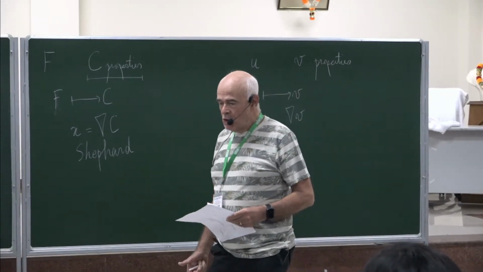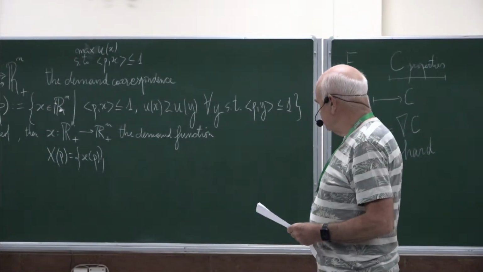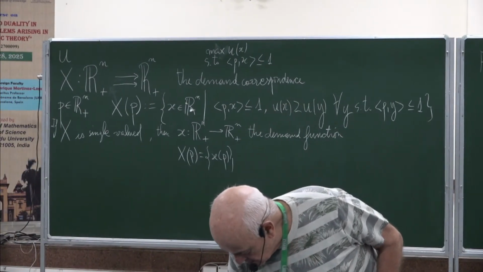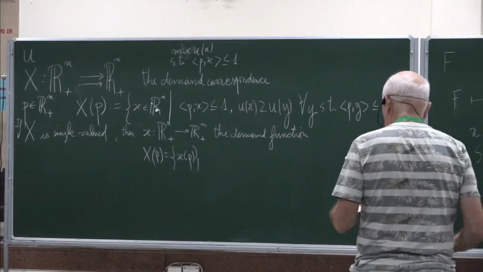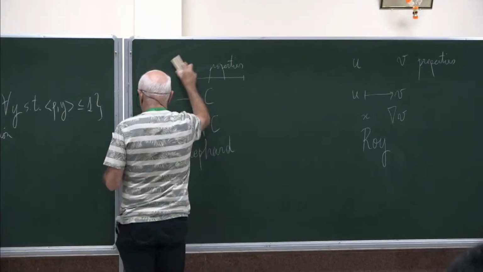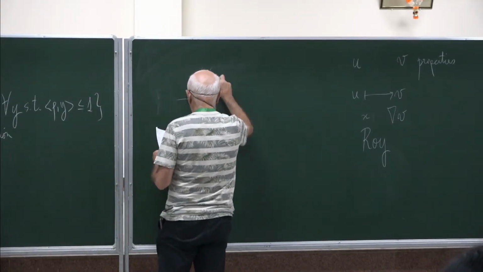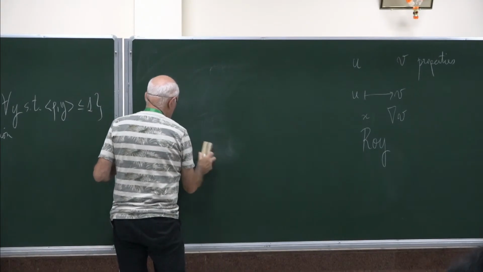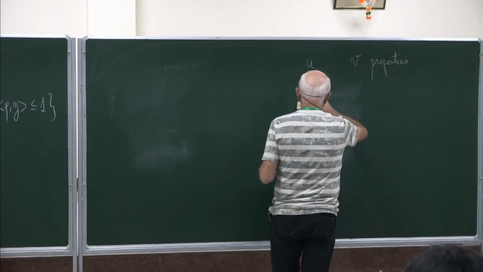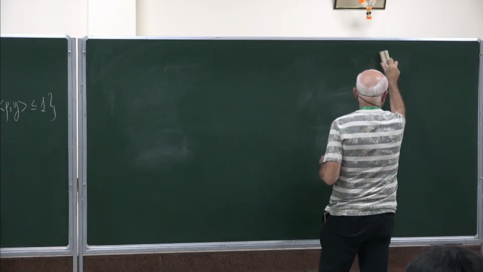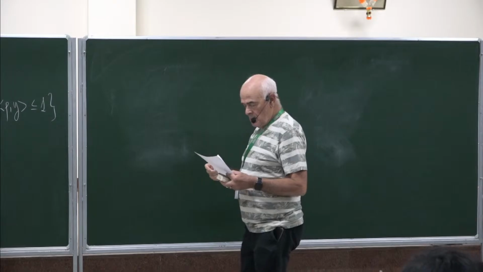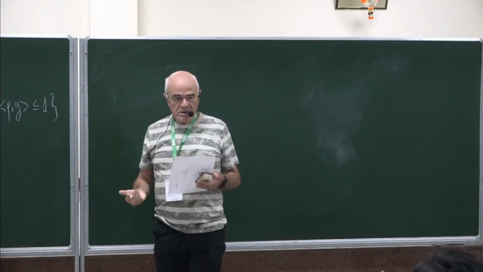Let us see Roy's identity. Now we need assumptions.